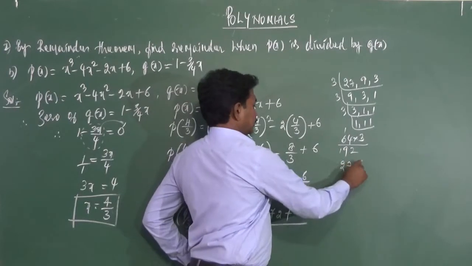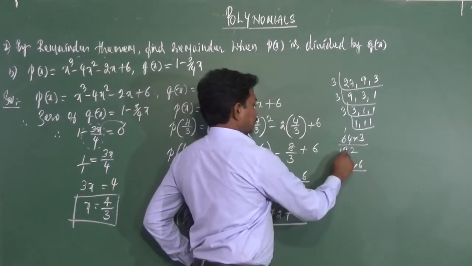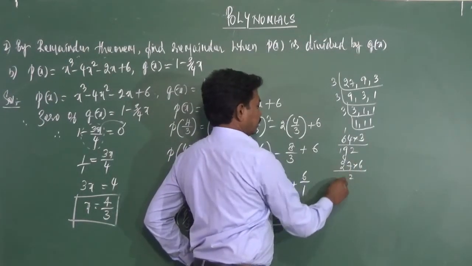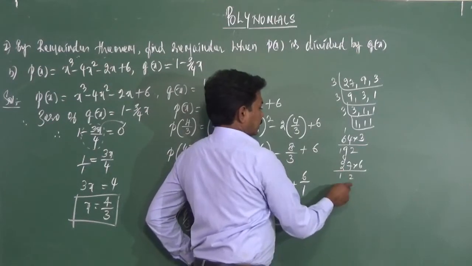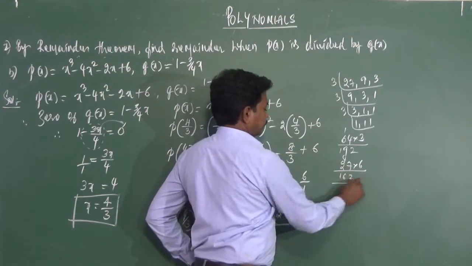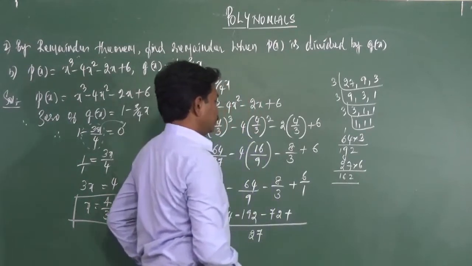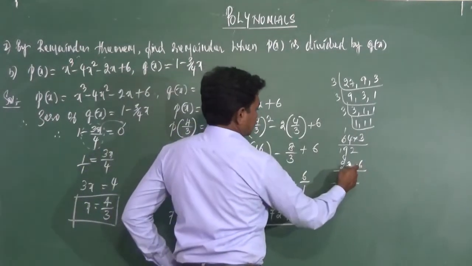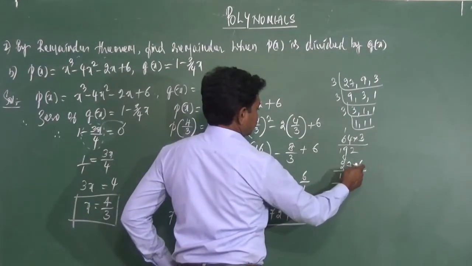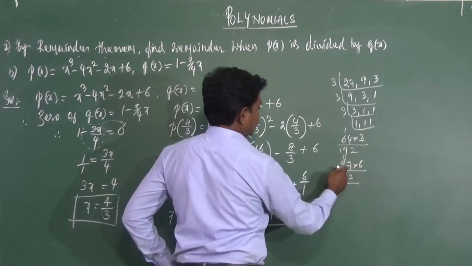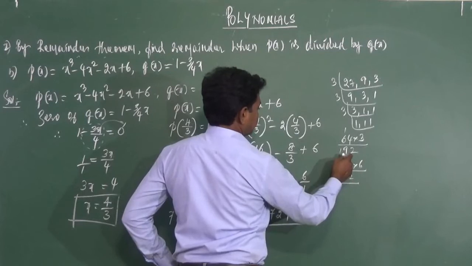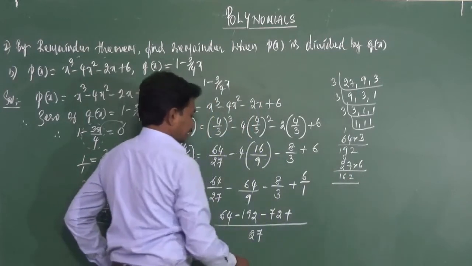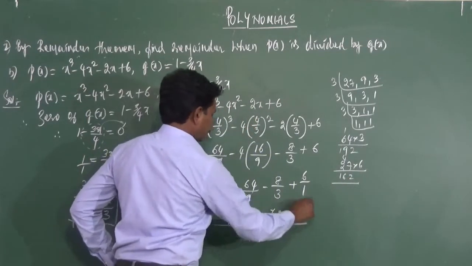So 27 into 6: 7 6s are 42, 2 6s are 12 plus 4, 16. That is 162.